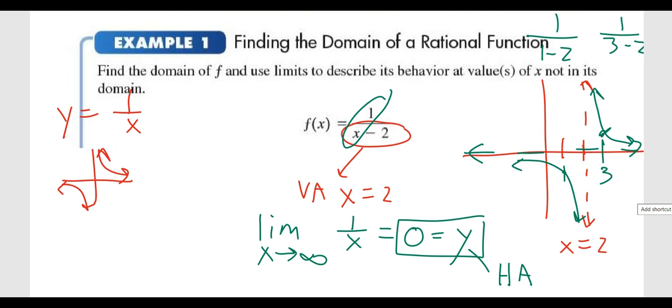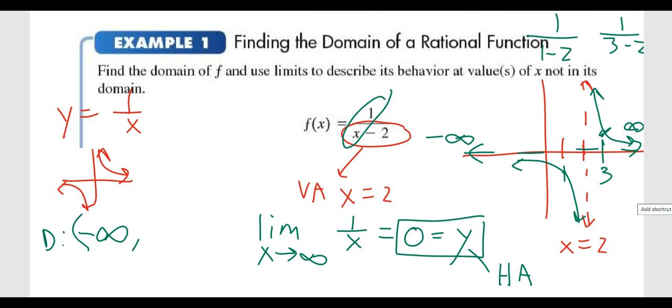All right. Domain. What about the domain here? Remember, negative infinity is here, and positive infinity is way over there. Negative infinity to what? To 1?